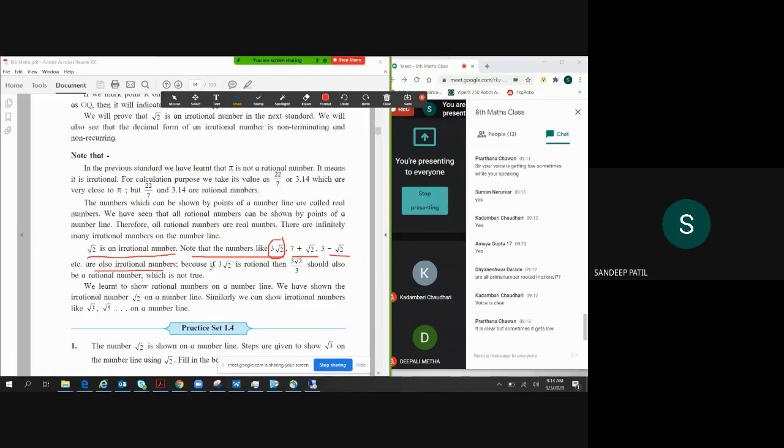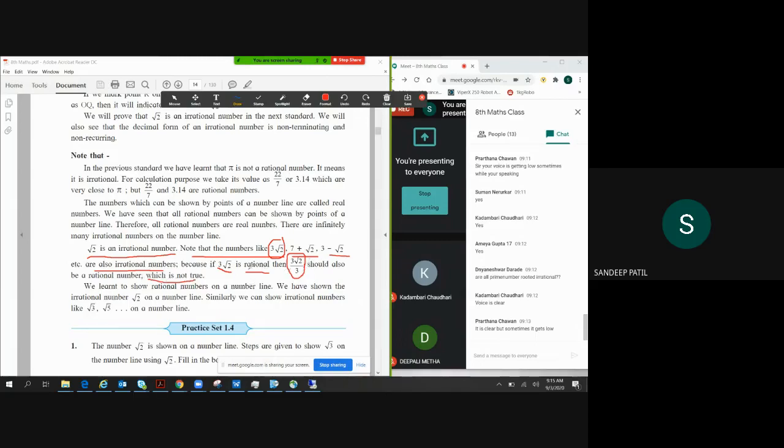So they have tried to answer this, as we just mentioned, that if an irrational number is added to, subtracted from, multiplied or divided by any number, it always gives an irrational number. So why? Because if 3 into root 2 is rational, then 3 root 2 divided by 3 should also be a rational number, which is not true, right?